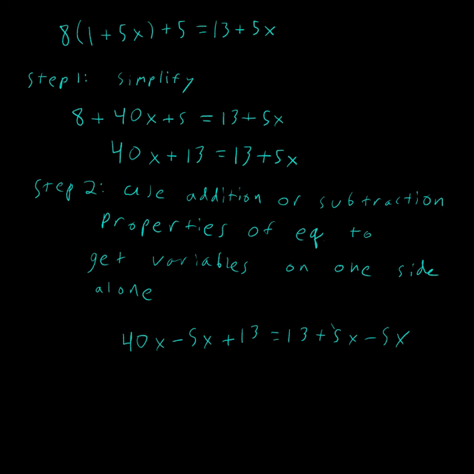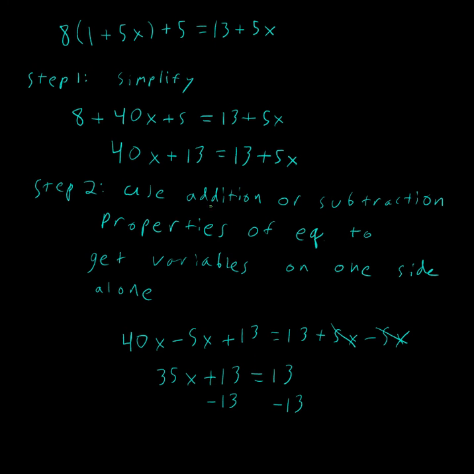What we see here, these cancel. And here we can group our like terms. And so grouping like terms, we'd get 35x plus 13 equals 13. So now we want to get our variables alone. So we need to get rid of this 13. We use the subtraction property again.